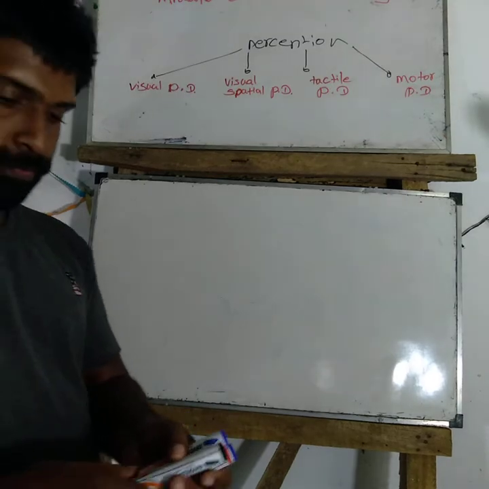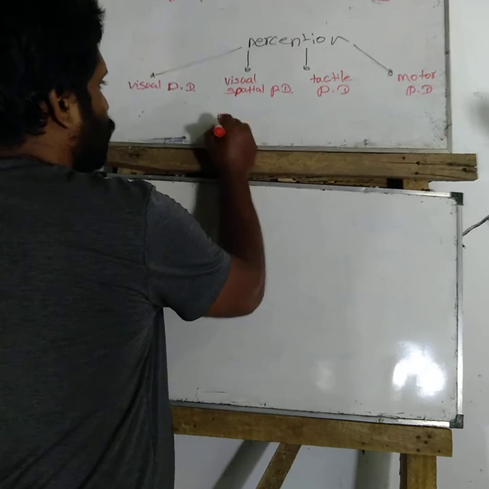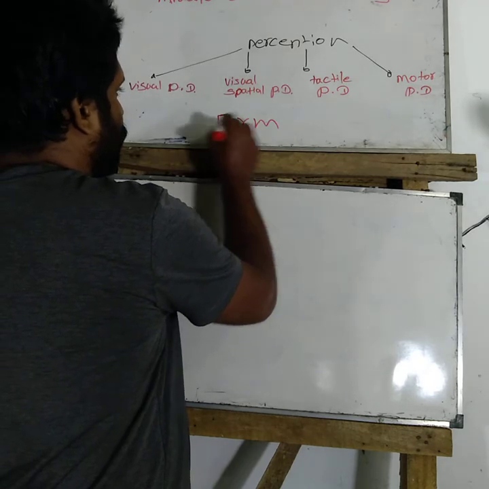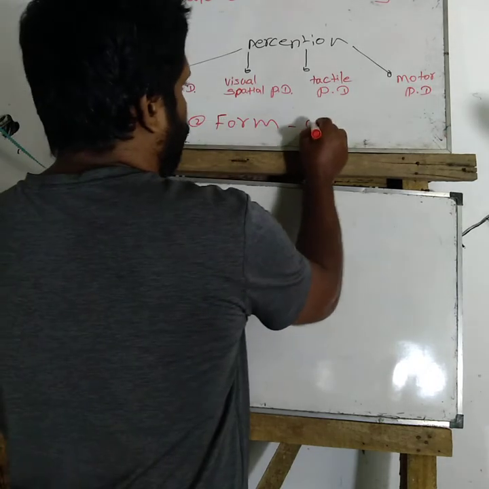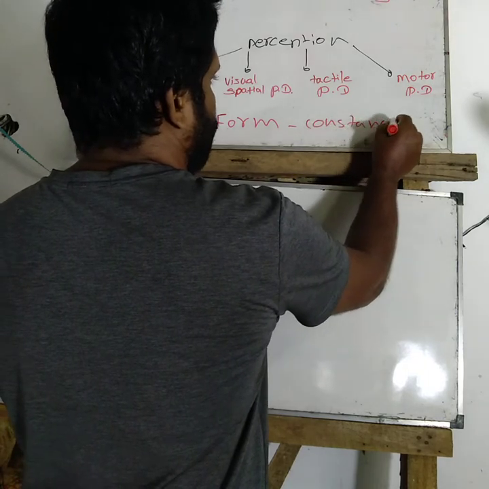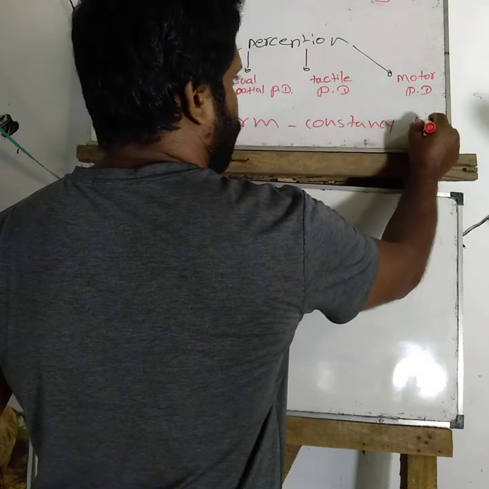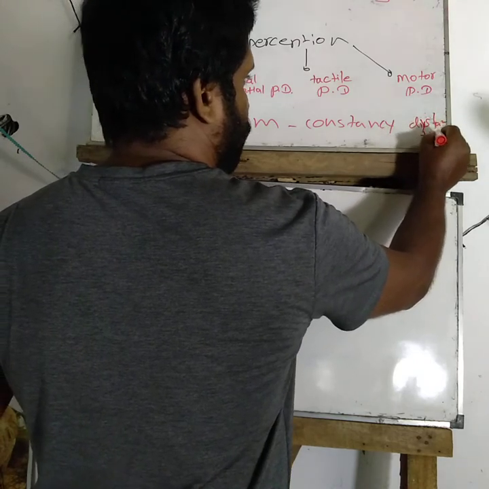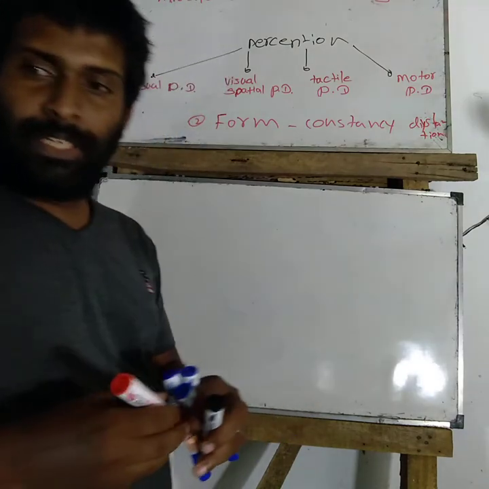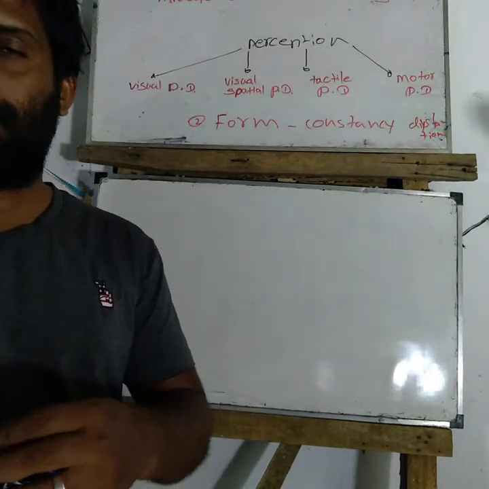Next one is form constancy dysfunction. The form constancy dysfunction is another one we are going to discuss.